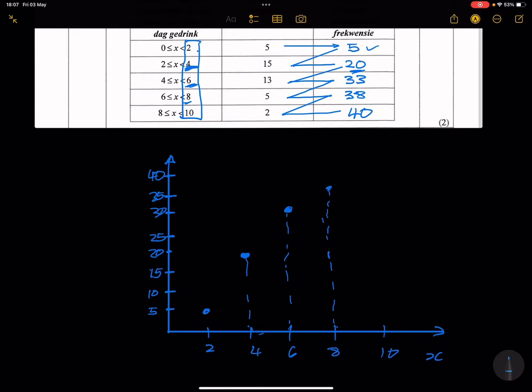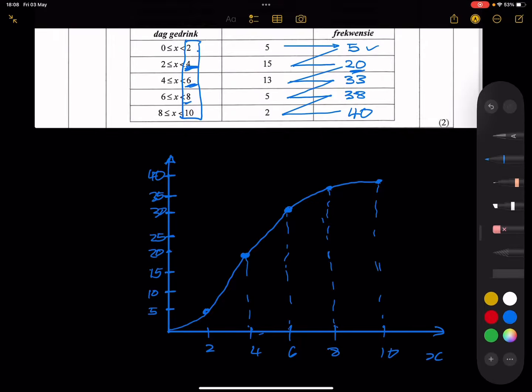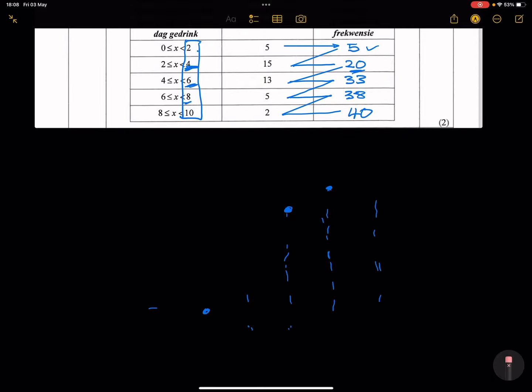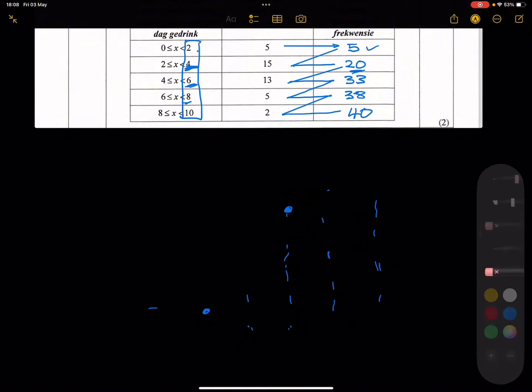Let's put it there. And at 10, I've got 40. There's my 40 there. And what you would do is just draw your ogive like that. So that's how you draw your ogive. But of course, this is not what we were asked. This is me preparing. All right, so let's go on to the questions that we actually have been asked.